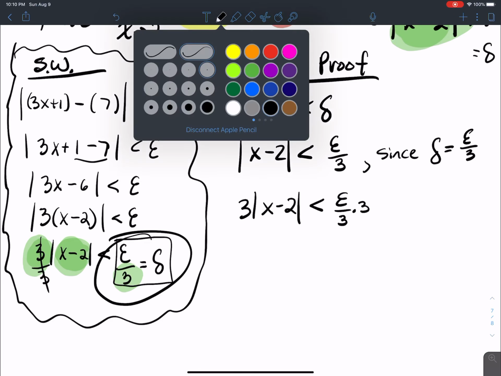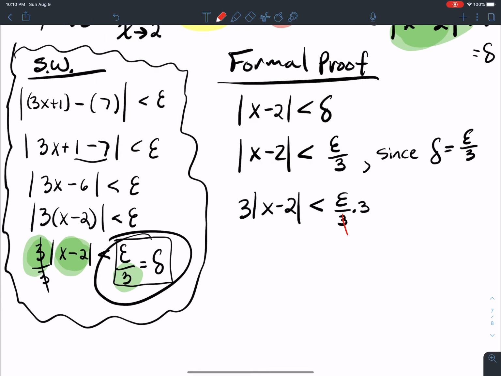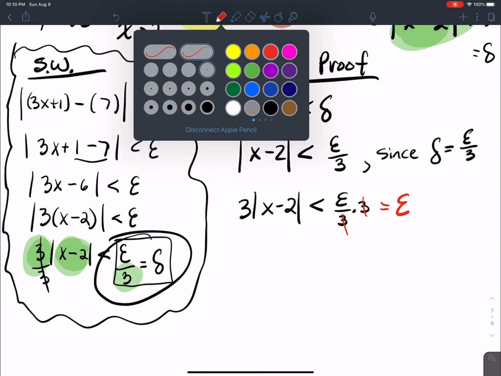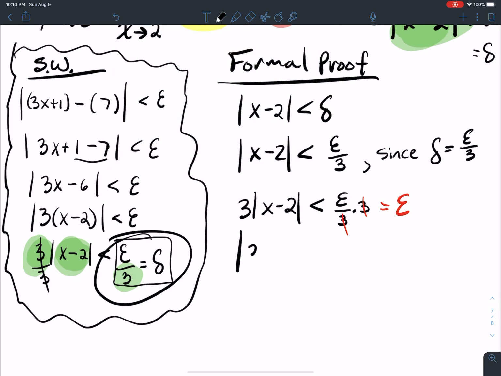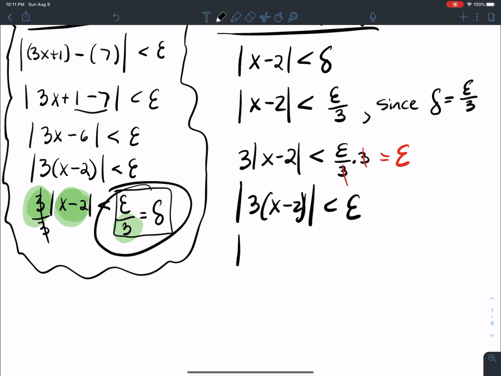The 3's cancel, and so this is epsilon. And now what can I say? The 3 comes inside here. So I have absolute value of 3 times x minus 2 less than epsilon. And this is equal to absolute value of 3x minus 6 less than epsilon.